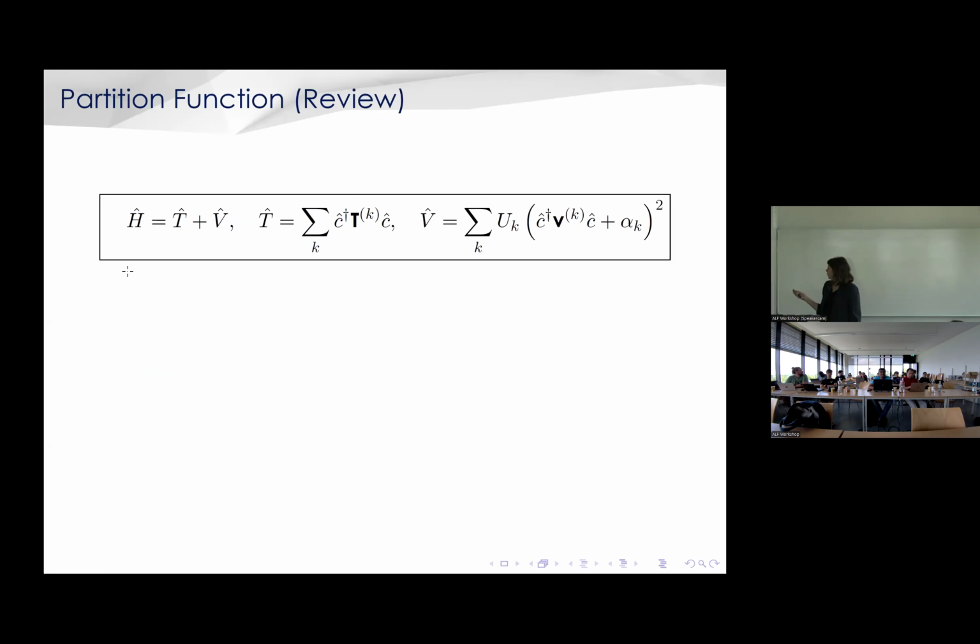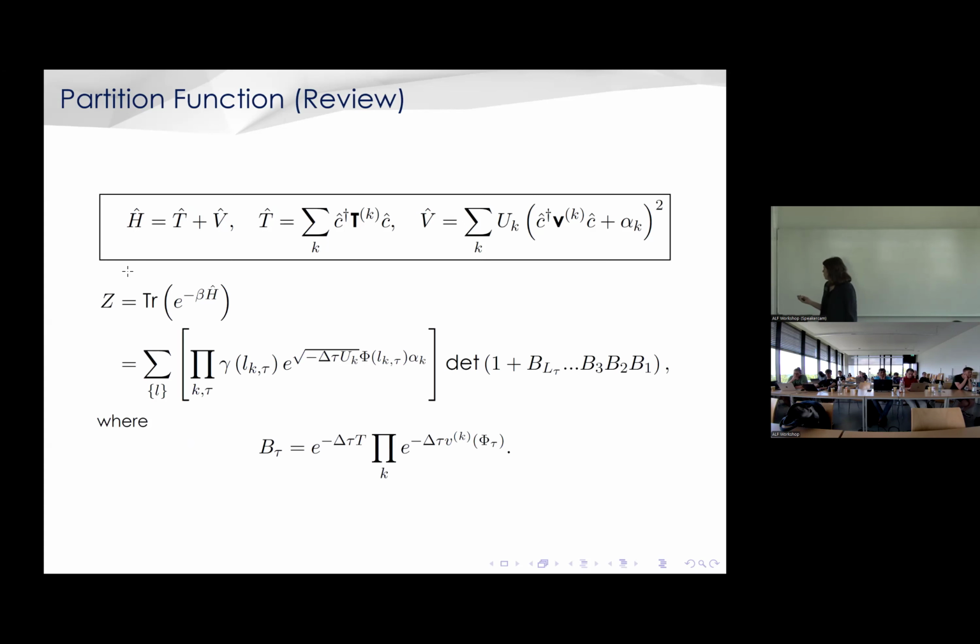So to remind ourselves where we were, we were talking about the Hamiltonians, where we could split things into a kinetic piece or a bilinear piece, and then sums of squares of Hermitian operators. The point of doing that was so that after we trotterize, we can do a Hubbard-Stratonovich transformation and write things in terms of these auxiliary fields l.